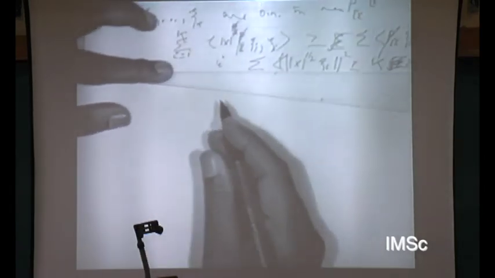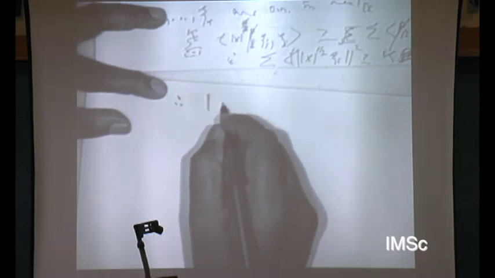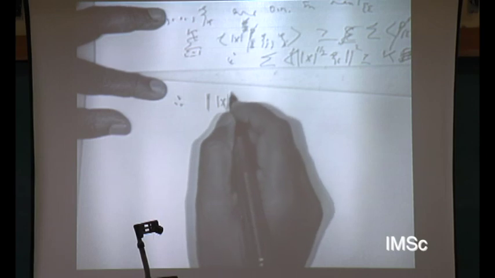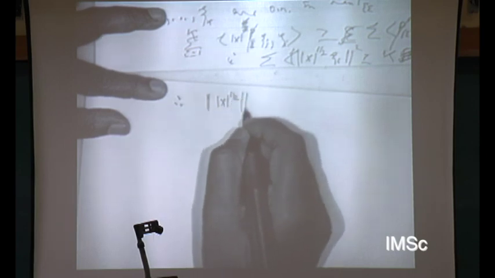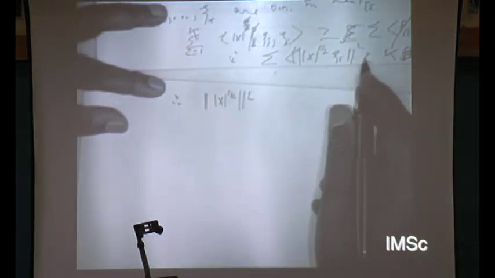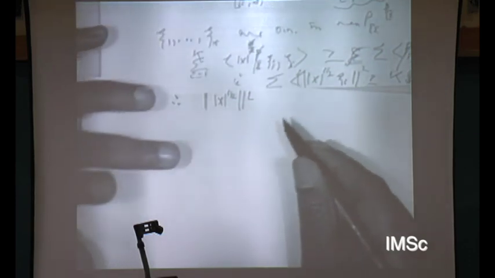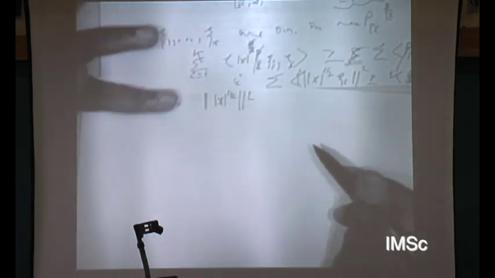This is, therefore, the Hilbert-Schmidt norm of mod x to the half, squared.